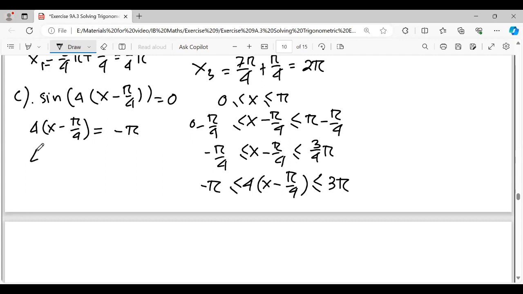So for x, if 4 times x minus pi over 4 equals negative pi, then x equals negative pi over 4 plus pi over 4 equals 0.